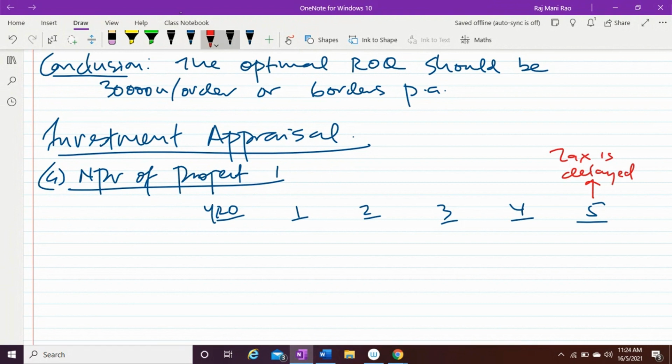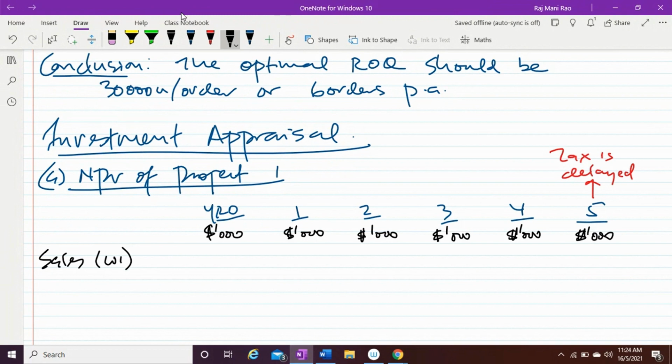To make our life easier, I'm going to do all my calculation in thousands, so we can calculate a bit faster. For sales, we need to do a little bit of working.